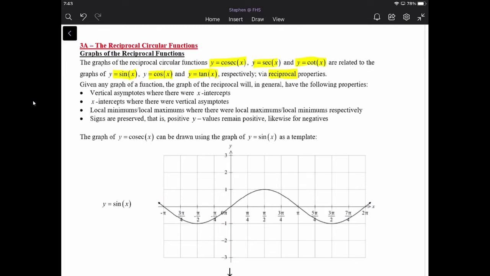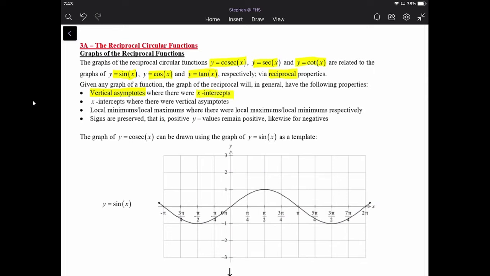So if you have any original function and you take the reciprocal of it, there will be some features that will always be true. So here's the first one. If you have an original function, the reciprocal will have vertical asymptotes when the original graph had x-intercepts.